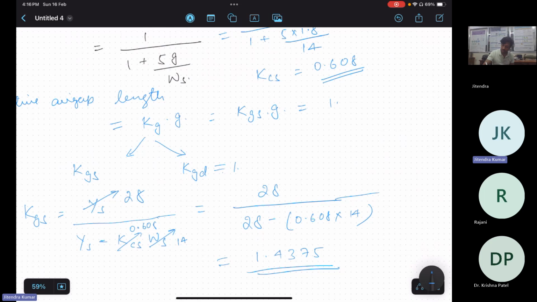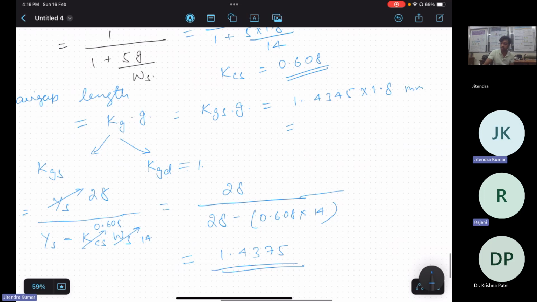So our effective air gap length is 1.4375 into 1.8 mm, which is 2.586.